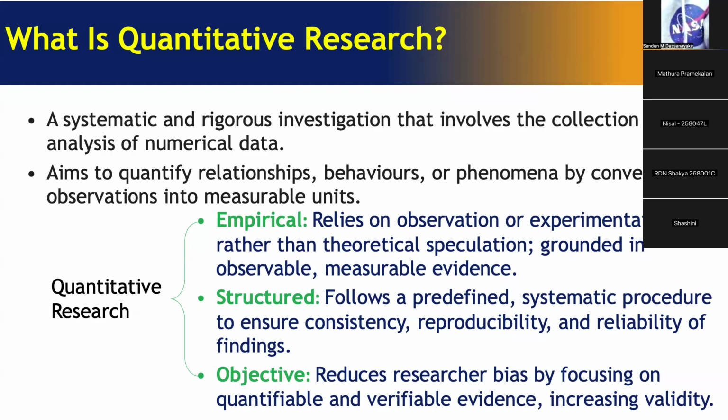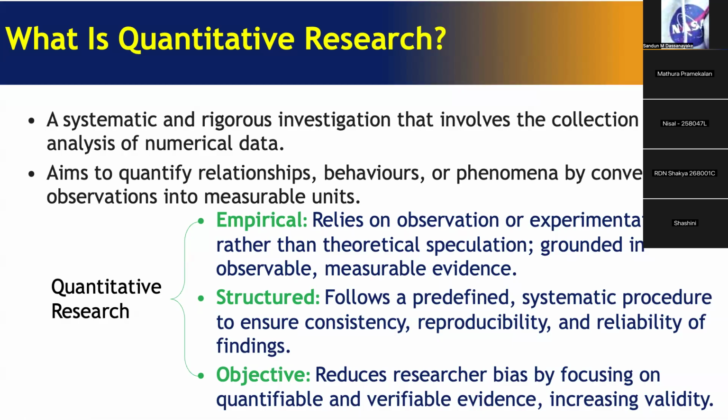When it comes to objective research, it reduces the researcher bias by focusing on quantifiable and verifiable evidence. So it increases the validity because the researcher is not involved in the decision.